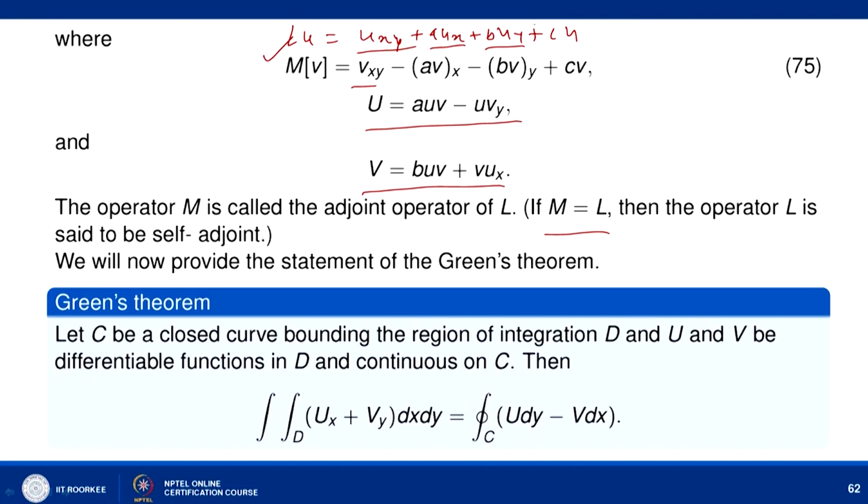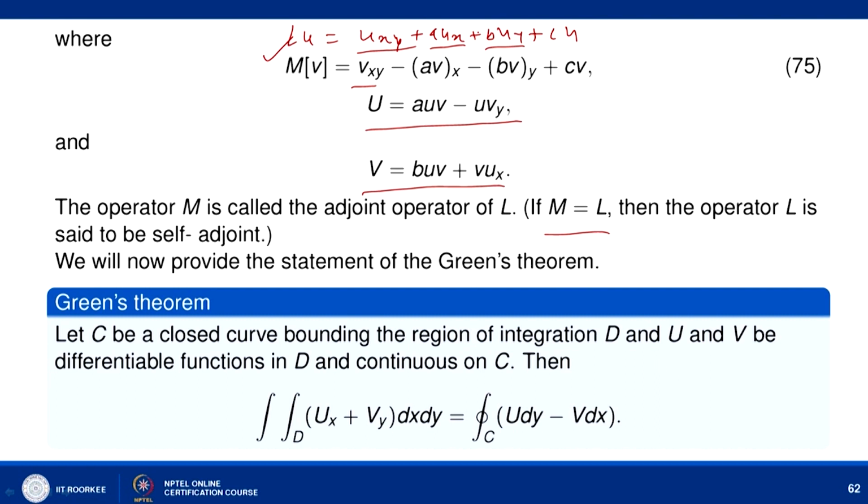So it means that there is a sign change in first order derivatives and no other change. So here first, third, and this is only for second order. If it is higher order, then first and third order terms will have this kind of change, and even order terms will not have any kind of change. So here we simply say that if M is equal to L, then the operator L is said to be self adjoint.